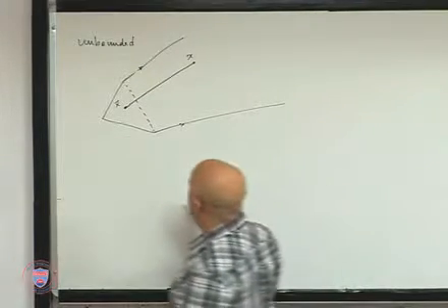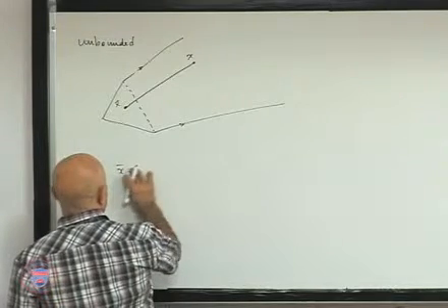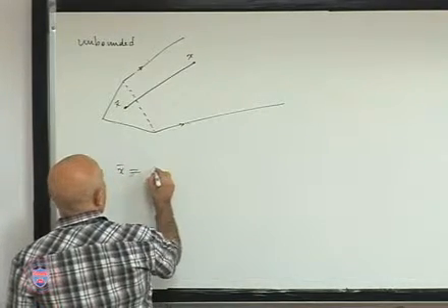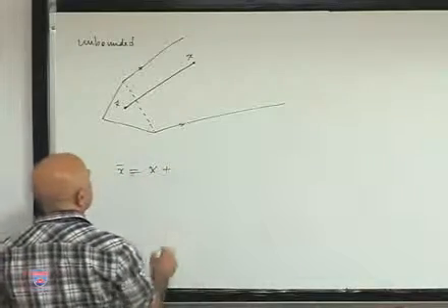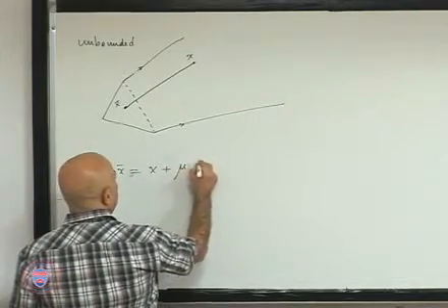So you're expressing X bar as an old point plus, say, some mu1 times the first direction.